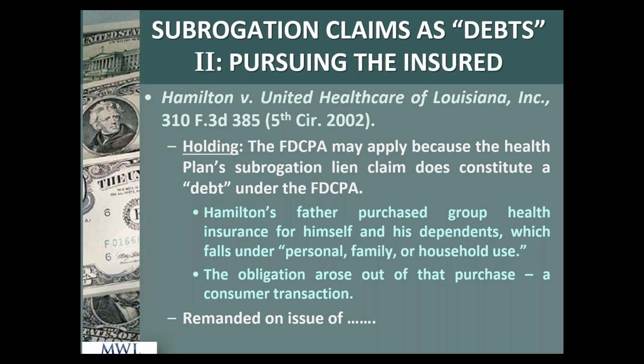So we've got a transaction. It's for personal household use. It is for insurance. So they're saying this obligation to pay under the subrogation claim, whether you say it is a lien, an assignment, whatever you want to call it, is part of the policy, part of this contract. So it arose out of a consumer transaction, and the payment obligation arose from it. So we do think it is a debt, and the FDCPA can apply.